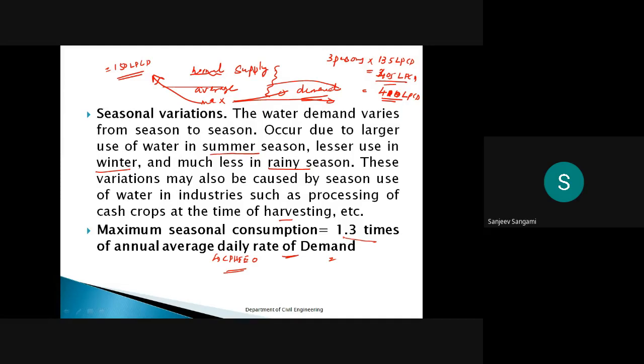Why not 1.2 or 1.1? Because they conducted a series of experiments, took samples from villages as well as cities, and found that this 30% surplus is required for each house. It also includes some of the losses that have to be considered.